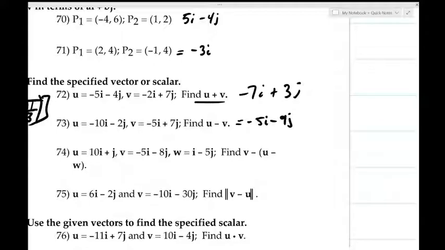So let's do some order of operations and do what's inside of the parentheses first. So u minus w. Actually, it's the other way around.